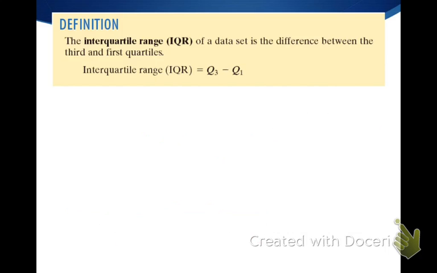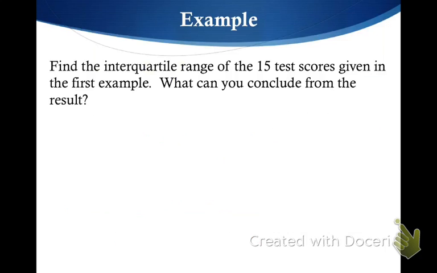So if I look at this example, we want to find the interquartile range of the 15 test scores given in the original example. Well, we had a lower quartile.